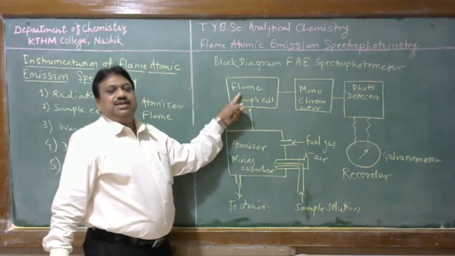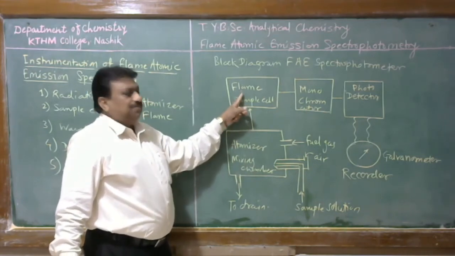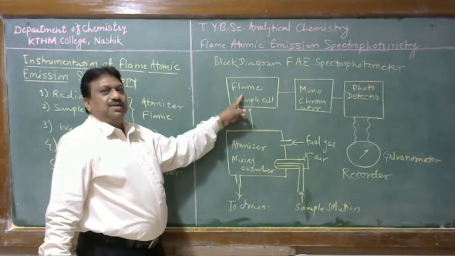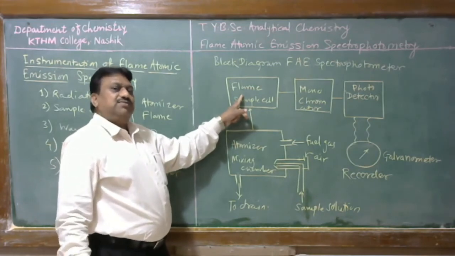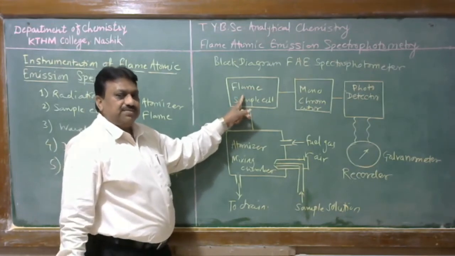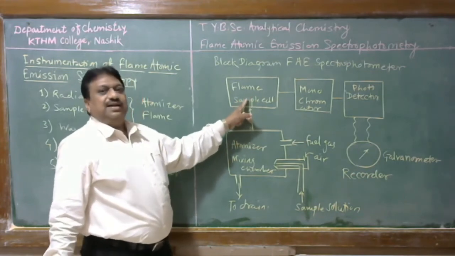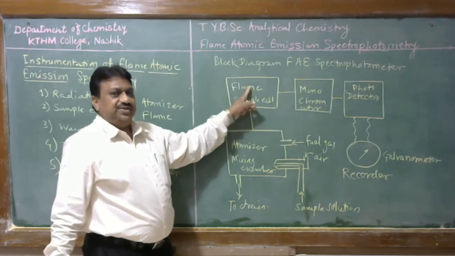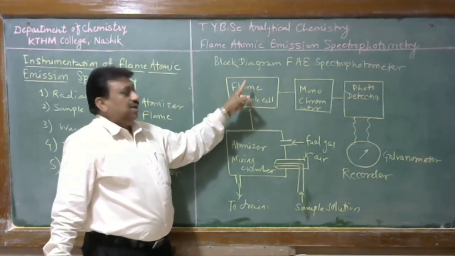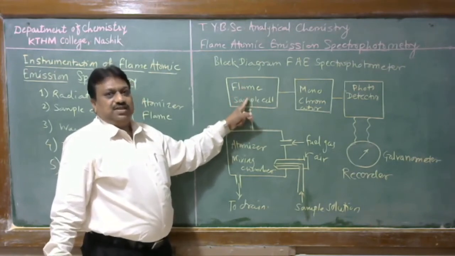Then the sample is given into the flame. After that, the flame evaporates the solvent, converts the sample into gaseous atoms, and after that it undergoes electronic excitation as well as emission. All these three events occur in the flame.